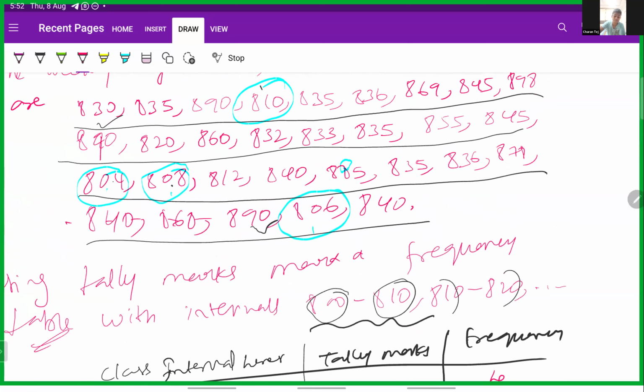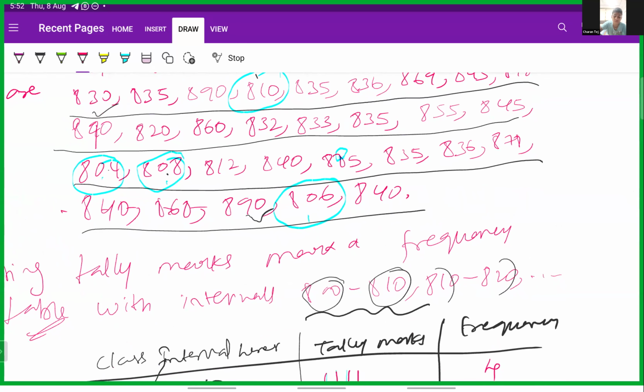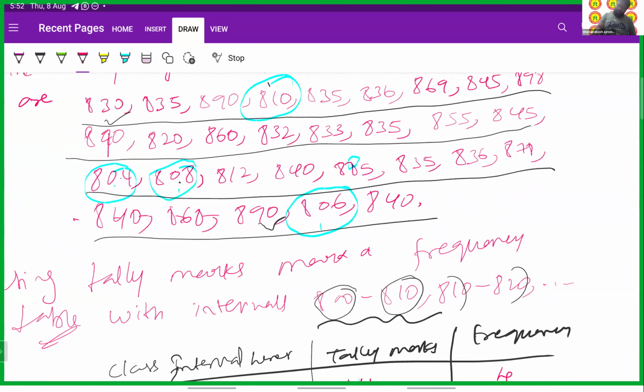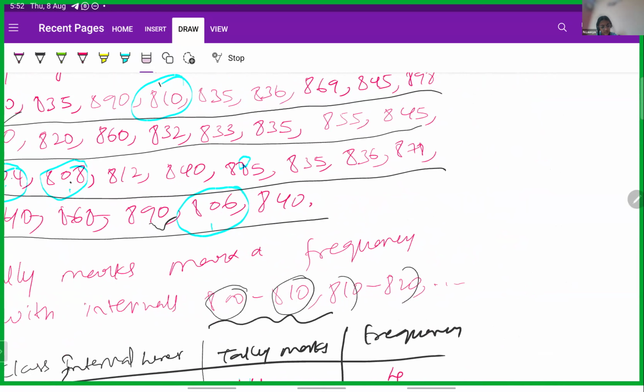Similarly, find out for the others. If you get five numbers, that is your frequency. You have to do it in this way. You know, right? Yes, sir. Okay.